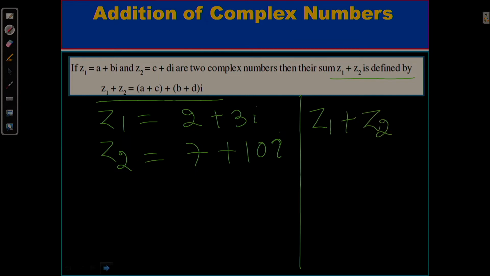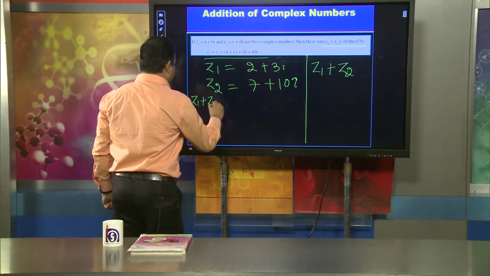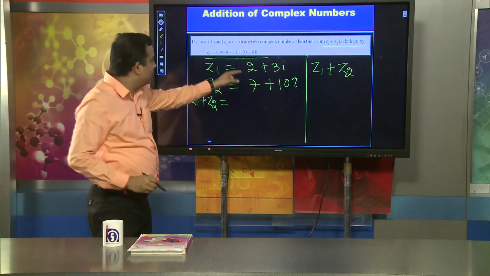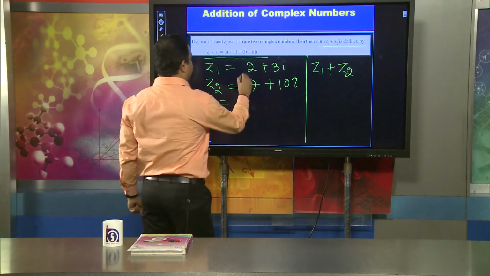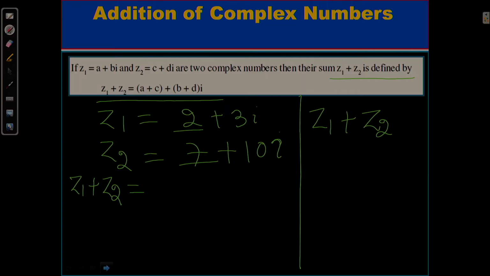Z1 plus Z2 is equal to 2 plus 7, because the real parts are added to each other. Here the real part is 2, here the real part is 7. So I get 9, plus i into the imaginary part.